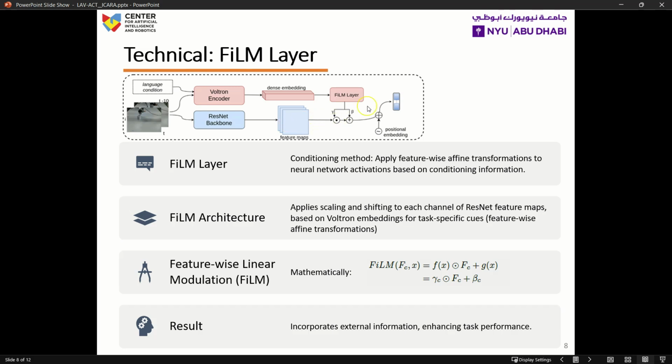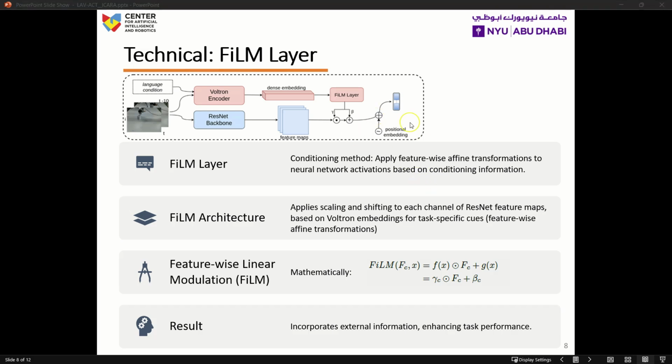So the layer modulates the features by scaling and shifting each channel of the ResNet feature maps based on the contextual information, which is the dense embedding from the Voltron. So the output here is the feature map, but with task-specific cues to enhance decision making.